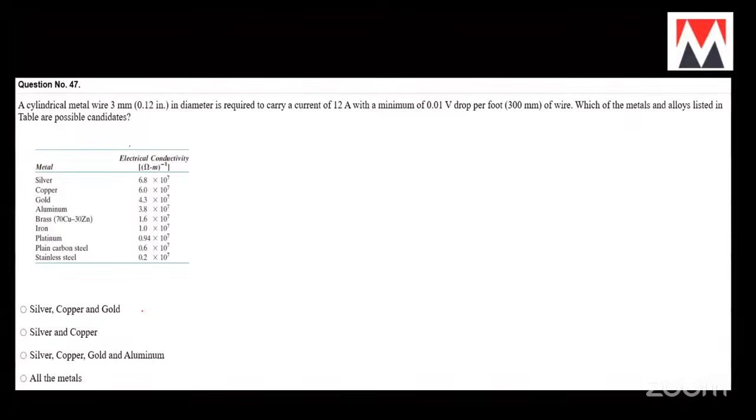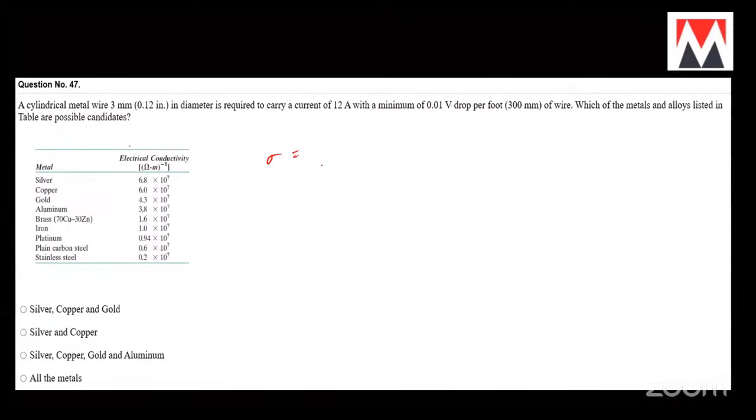You have conductivity sigma is equal to, what is given? A cylindrical wire 3 mm, 0.12 inch diameter, is required to carry a current of this much. Voltage is given per foot, which is 300 mm of the wire.